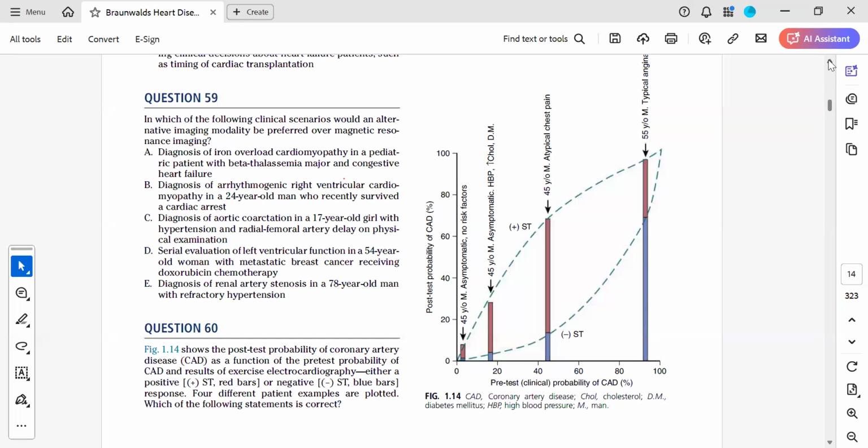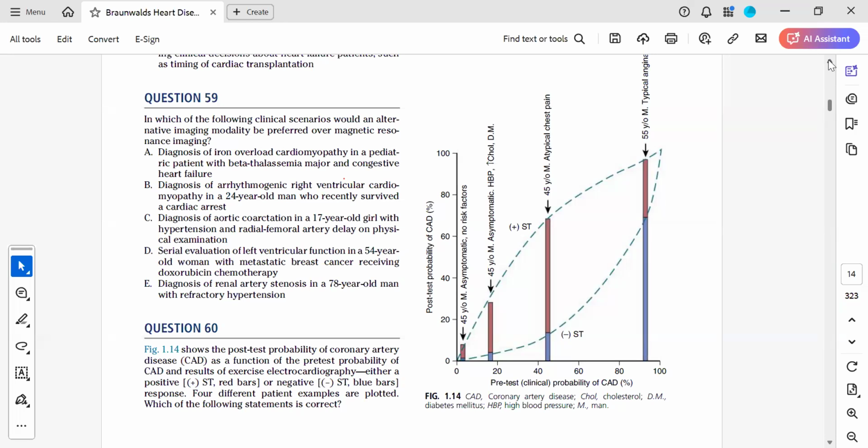T2 imaging in cardiac MRI is a well-validated technique for measuring tissue iron content. It is used to identify iron overload in patients with beta thalassemia and to guide chelation. Cardiac MRI defines the structure and function of the right ventricle and is useful in diagnosis of arrhythmogenic right ventricular cardiomyopathy.